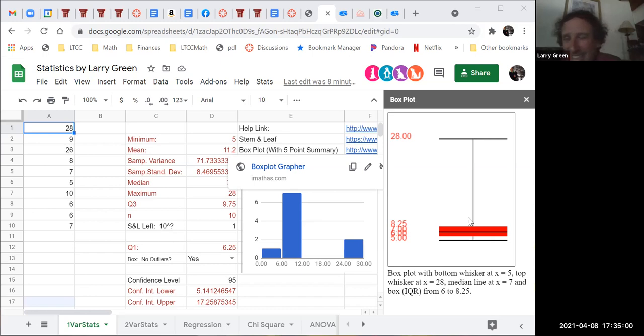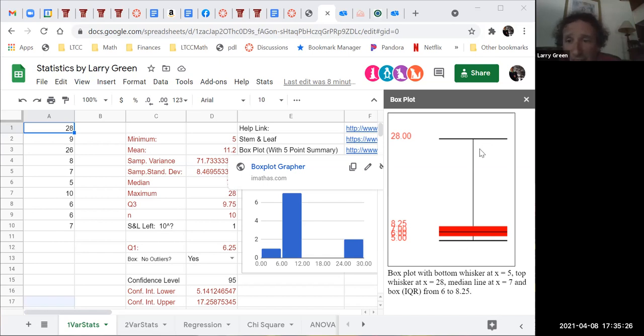Sound good? If any of you are going to go into teaching and you're going to teach middle school math, you need to understand this because you're going to be teaching it, either middle school or high school. Anyhow, older people have never seen a box plot, unless you're like me, a math major. So any questions on the box plot?